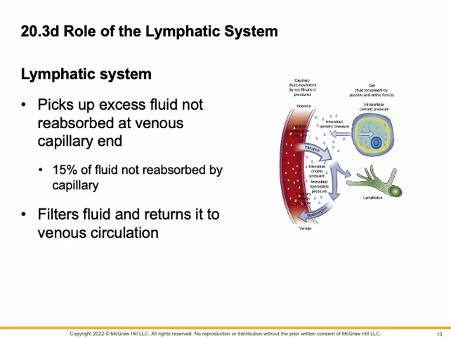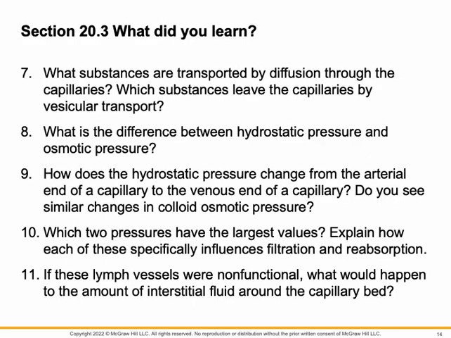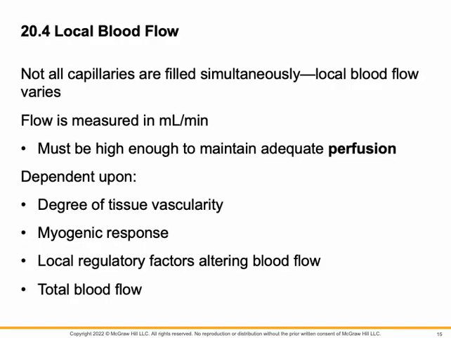Maybe like 15% or so circulates through the lymph vessels, so capillaries, vessels, ducts, and trunks, and ultimately it gets returned back to the circulatory system. So lymphatic fluid comes from the blood and is ultimately returned to the circulatory system. Consider some of these questions, and we will pick up in our next part talking about local blood flow.